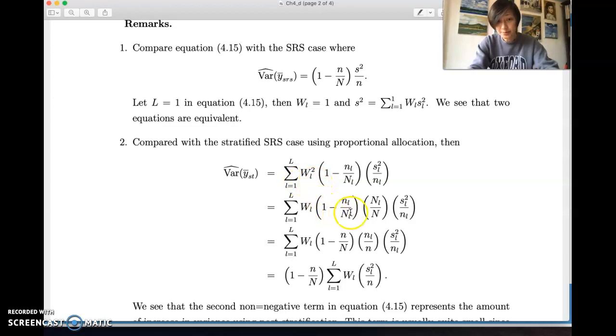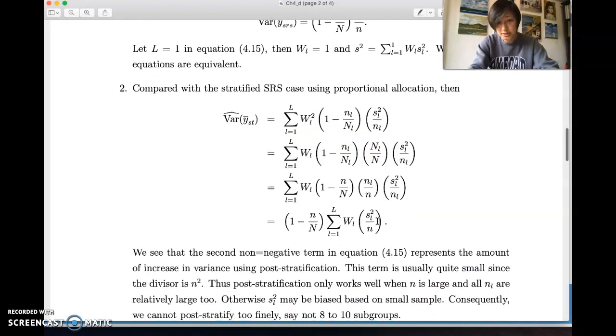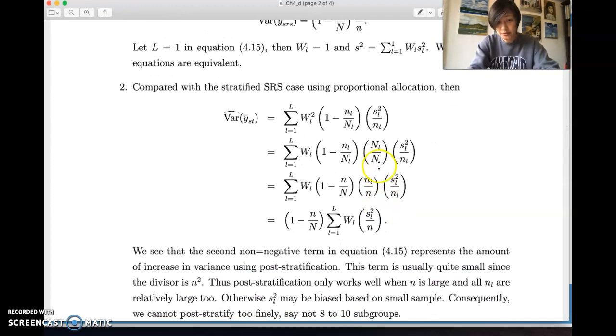Okay, expand this, we take out one of the WL, which becomes capital NL over N. In this case, we are trying to expand this bracket under the proportional allocations. This factor, capital NL over N, is the same as the little nL over n.